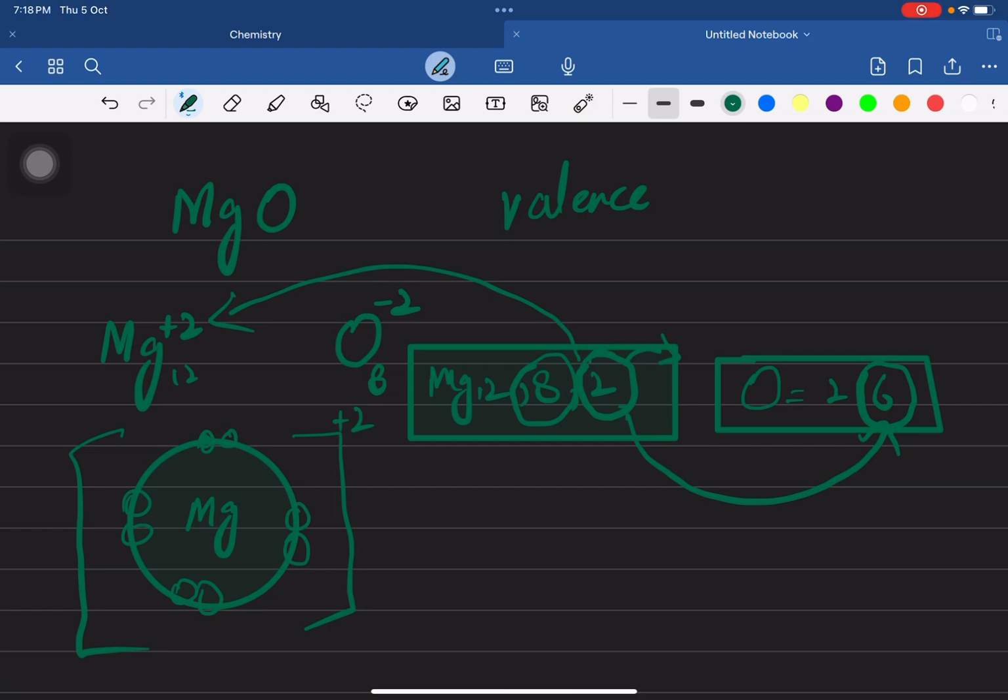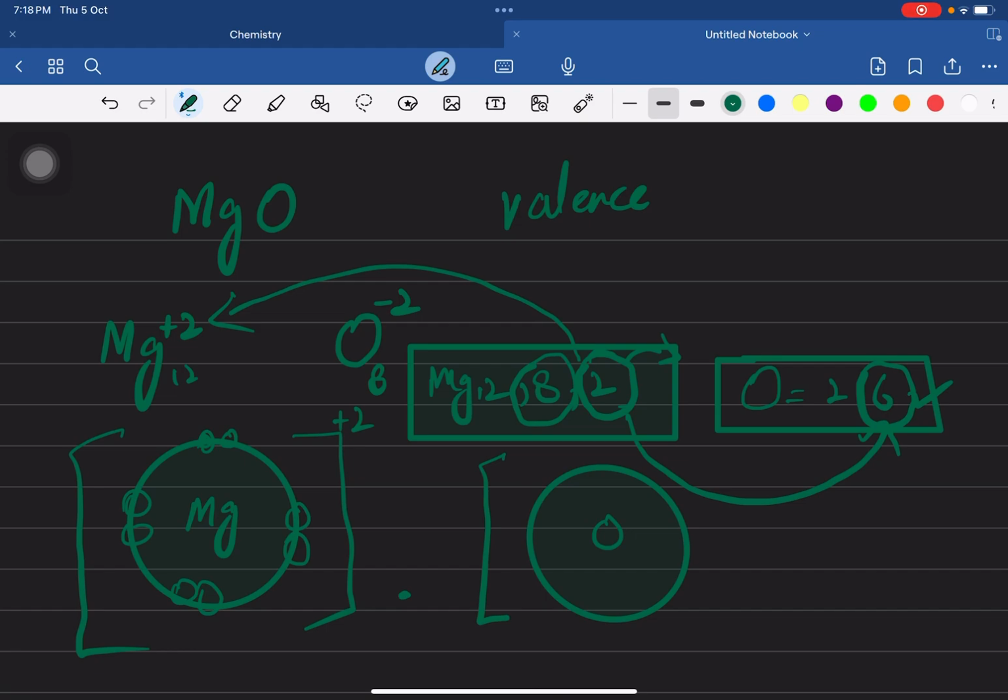Now make a dot over here, then show the oxygen. Okay, now it's oxygen, and you know it has 6 electrons in its outer shell.